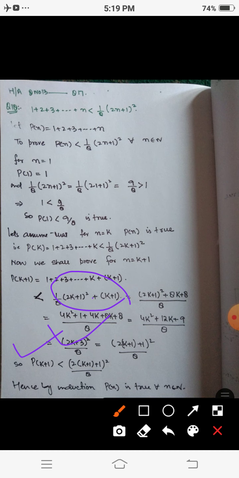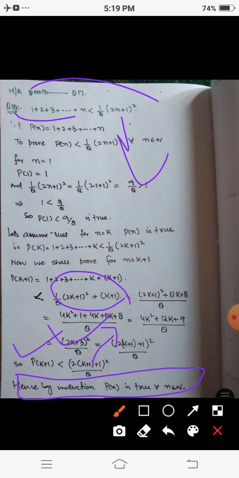In the given statement, the sum of the first n numbers contains n, so the sum of the first k + 1 numbers here also contains k + 1. So by induction the given statement is true for each and every n. Hence, by the principle of mathematical induction, the sum of the first n natural numbers is less than (1/8)(2n + 1)².